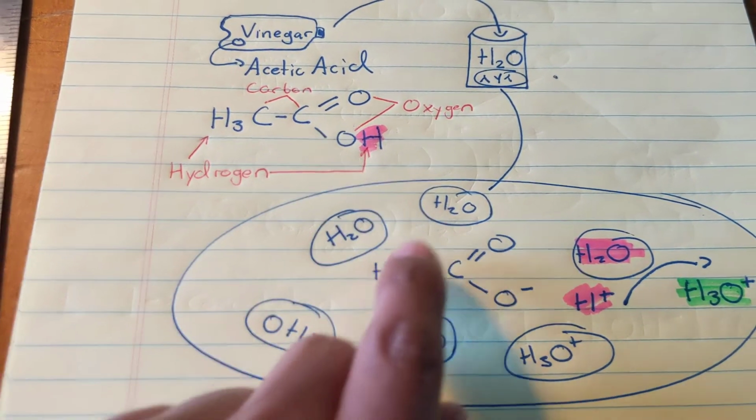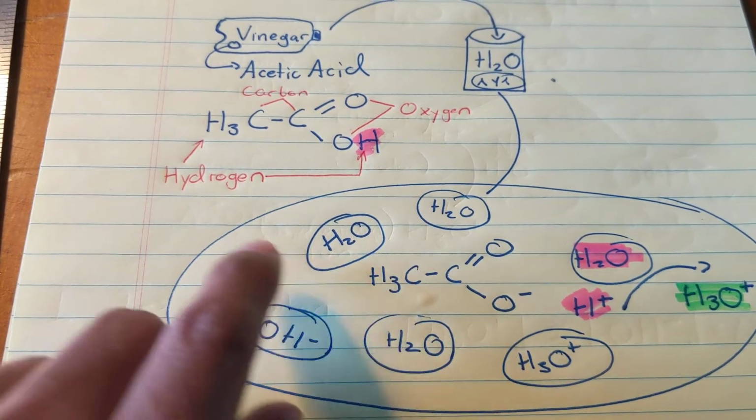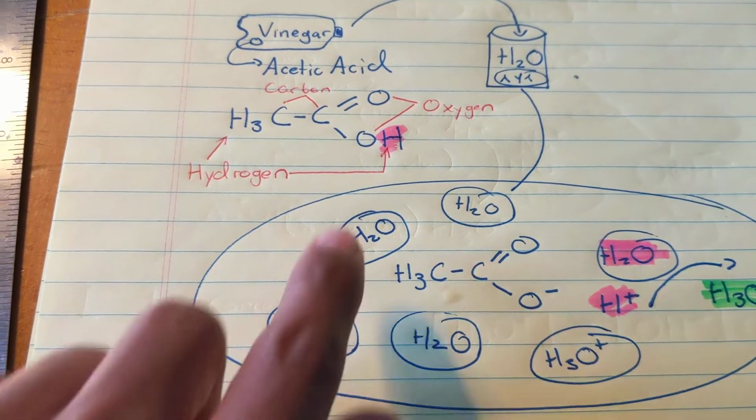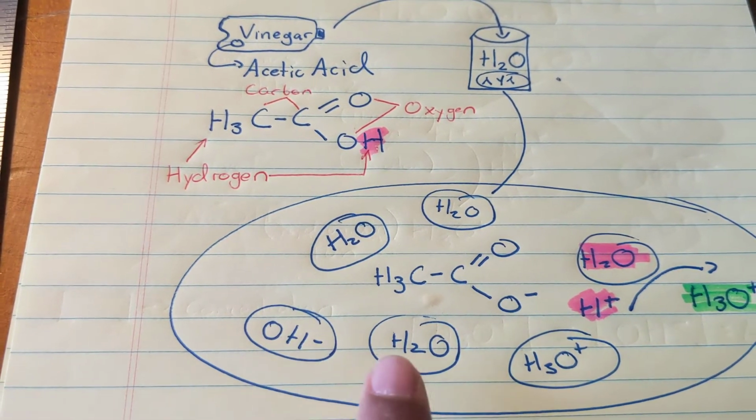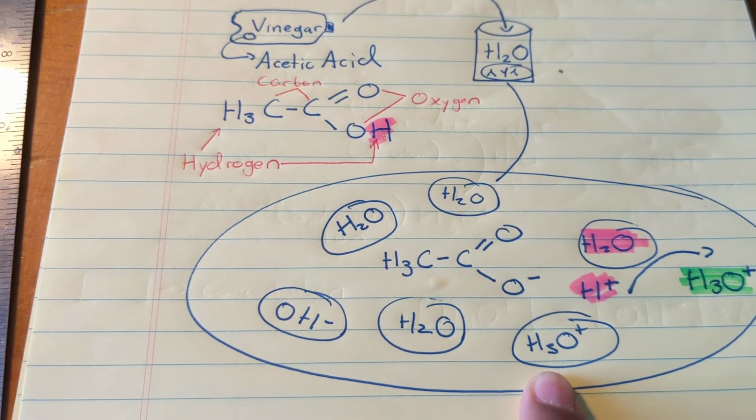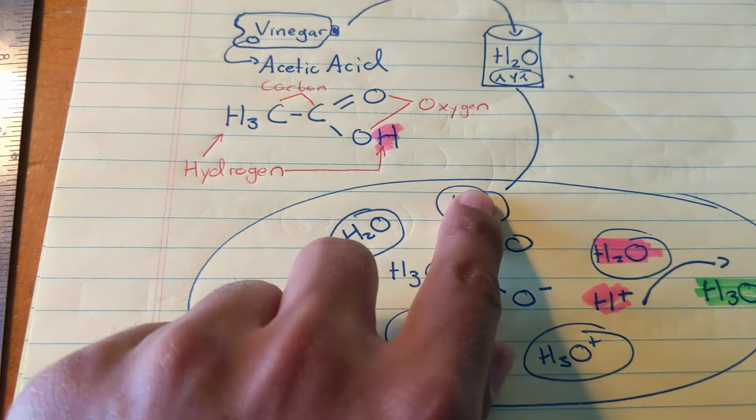This acetic acid molecule is surrounded by waters, and we know sometimes those waters separate into hydroxide ions, and sometimes they separate, creating hydronium ions, but it's mostly water.